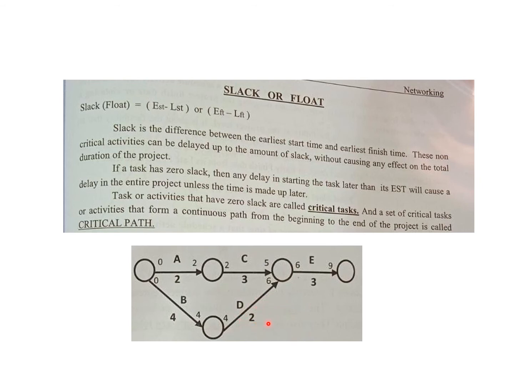That is the only way of making up. Otherwise, a delay in the critical path is a delay in the project. Of course, it can also be made up in process E, wherein instead of 3 days, you finish in 2 days. So overall, the time taken will not exceed 9 days. That's what we are talking about.